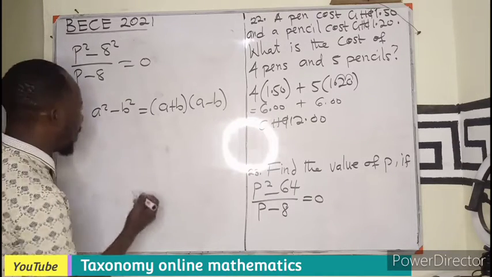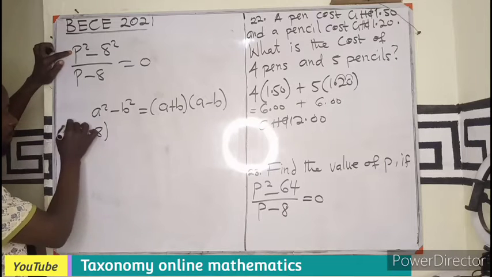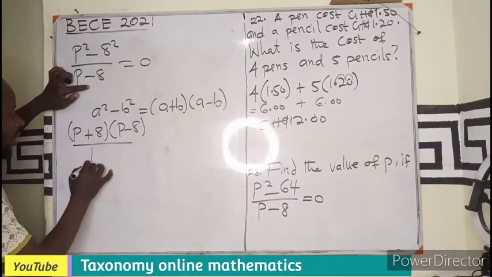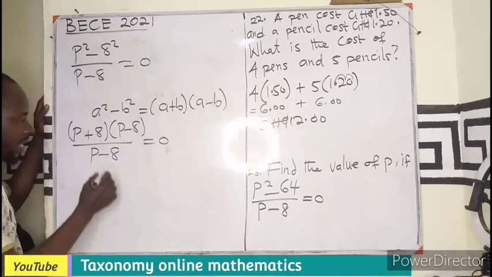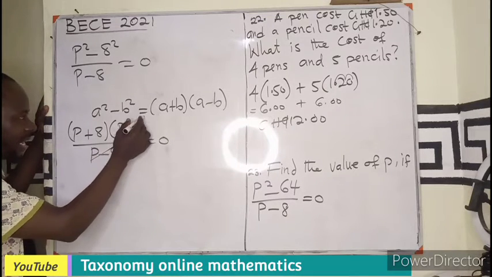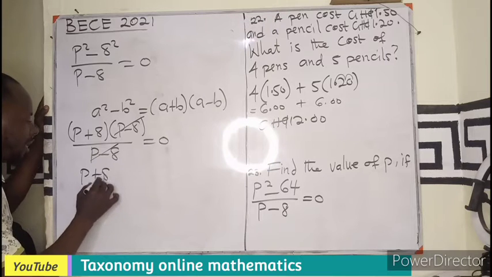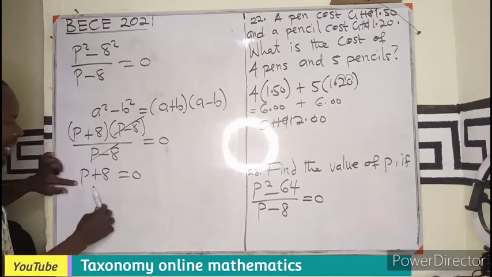So if I have a difference of two squares, that will let me say this is going to be p plus 8, p minus 8, all over p minus 8 equals 0. Since the two are multiplying, this can easily cancel this. So you will be left with p plus 8 equals 0.